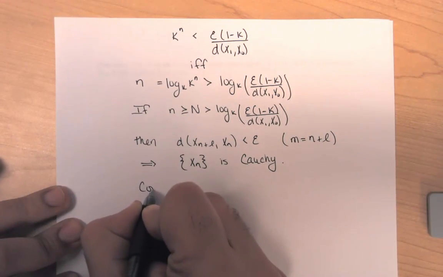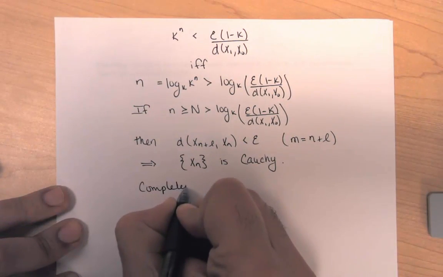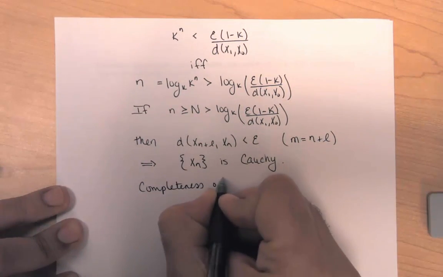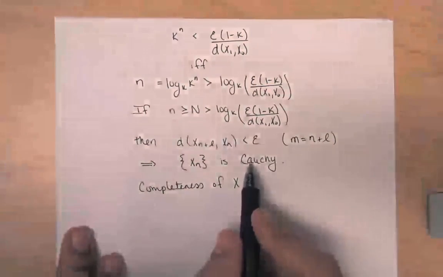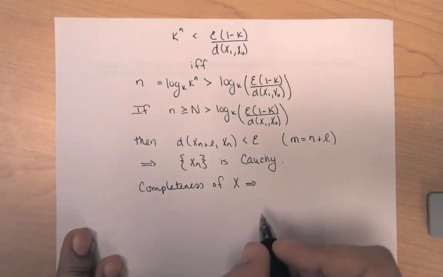So the completeness of X implies that whatever is Cauchy is also convergent.